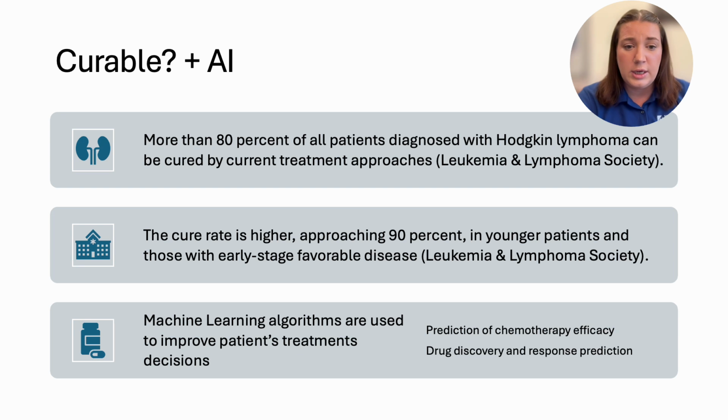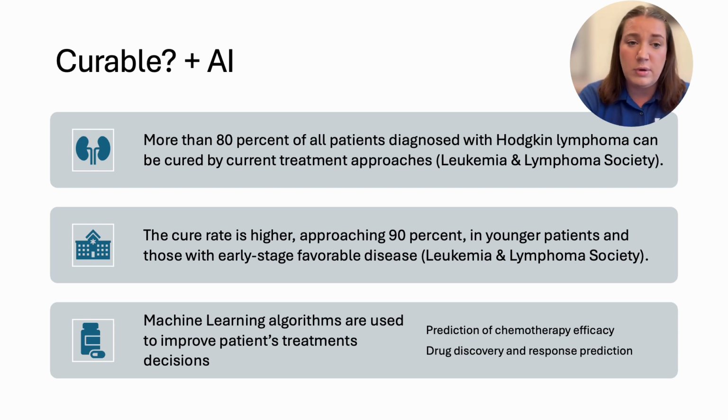Machine learning algorithms are helping improve patients' treatment decisions, as well as prediction of chemotherapy efficiency, drug discovery, and response prediction, which has been helping lead to higher rates of survival.